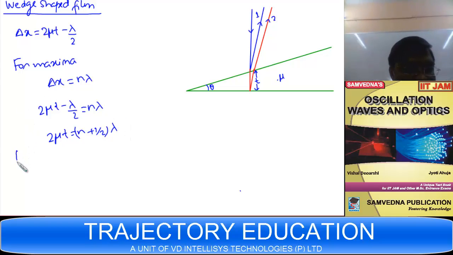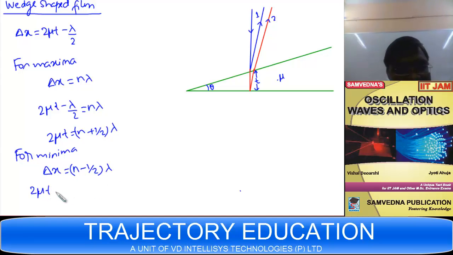For minima, the condition is delta x equals n minus half lambda, and this becomes 2 mu T equals n minus half lambda, or the condition will be 2 mu T equals n lambda. This is for minima. The thickness T should be such that 2 mu T equals n lambda; that will give you the minima. The thickness for which 2 mu T is n plus half lambda will give you the maxima.